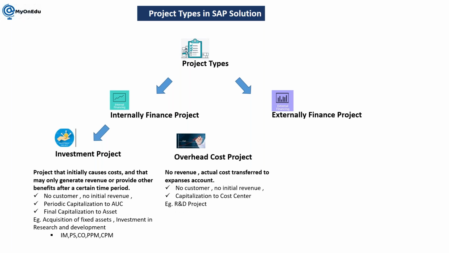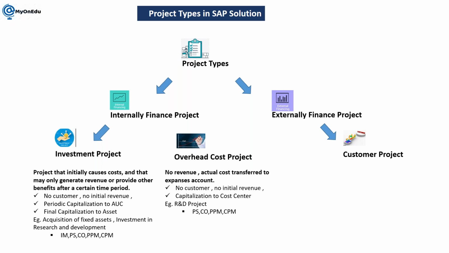Okay, so R&D project is also one example. Okay, and you can map this scenario through project system, controlling, PPM portfolio project management, and CPM commercial project management. In my next slide, I'll explain what is PPM, what is CPM, what is project system, what is IM. All these things I'll explain in detail.